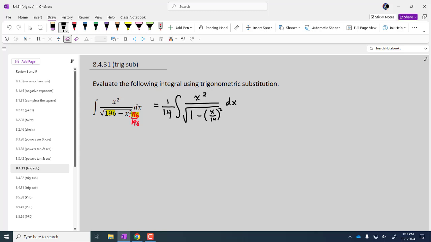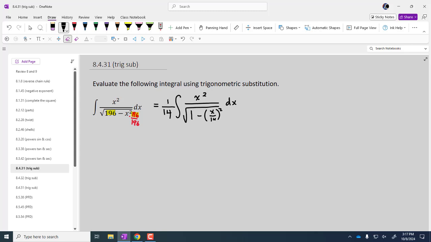If you were to look at the secant tangent identity, tangent is right here, secant is right here, 1 is right there, and 1 minus secant squared, so this tells us that 1 plus tan squared is secant squared. So if you do 1 minus secant squared of theta, that's negative tangent squared of theta.